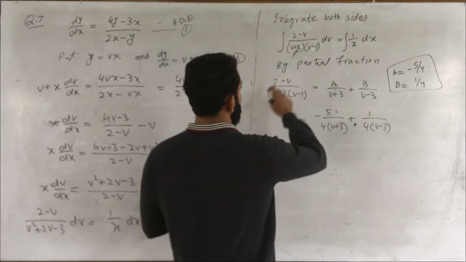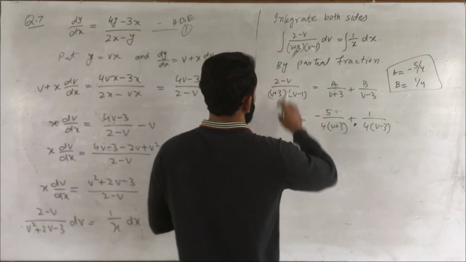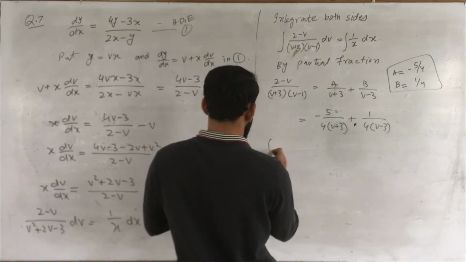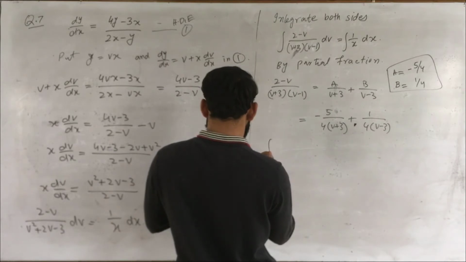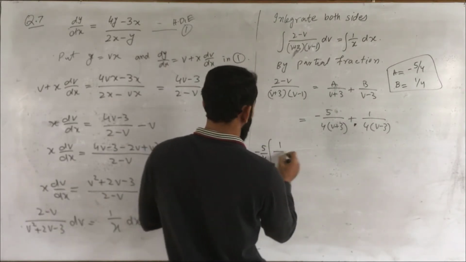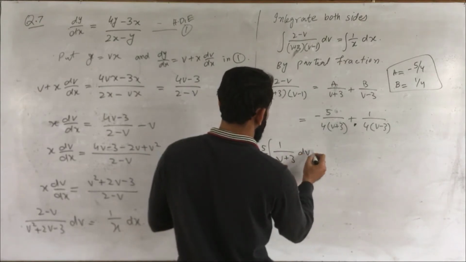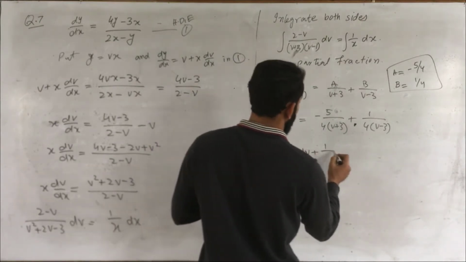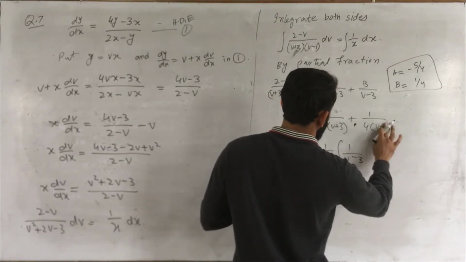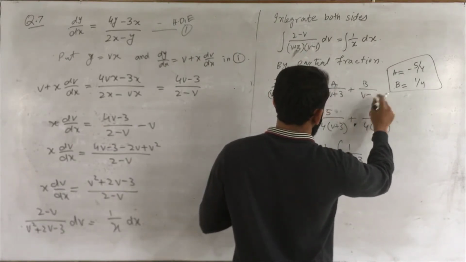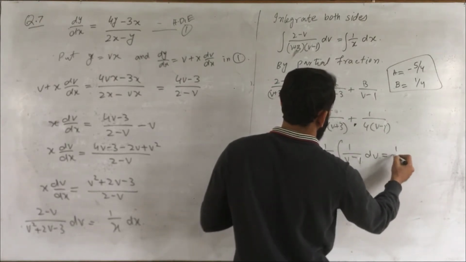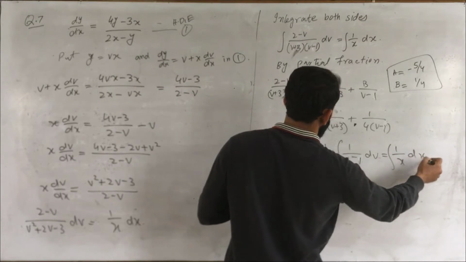Putting this solved partial fraction in the integral form, we got minus 5 over 4 integral of 1 over (v plus 3) dv plus 1 over 4 integral of 1 over (v minus 1) dv is equal to integral of 1 over x dx.